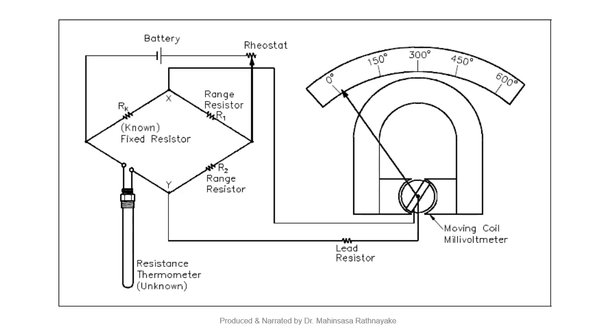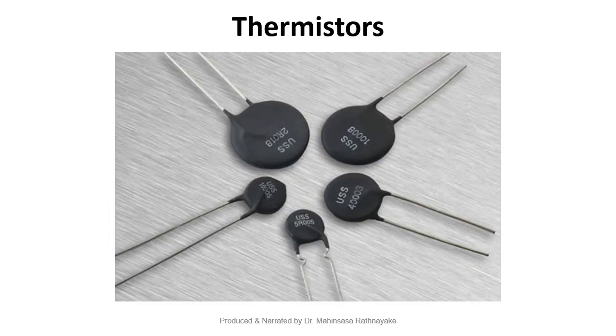So there is also another way to fix a thermometer based on resistance change. Then another important type of temperature measurement device is thermistors. Thermistors are also resistance-based temperature devices.